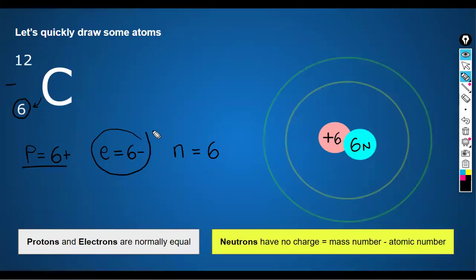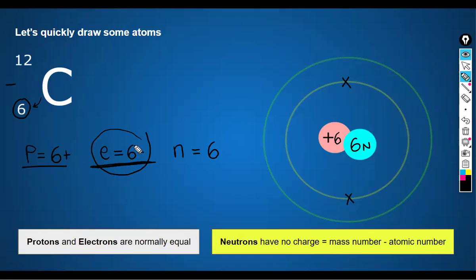Electrons, some people were a little bit confused. Remember, the first shell can hold 2 electrons, and every other shell afterwards could hold 8. And once a shell is filled, you make a new shell. But this one, we only need 6 electrons. So the first shell can hold 2 electrons, 1, 2. So the first shell is filled.